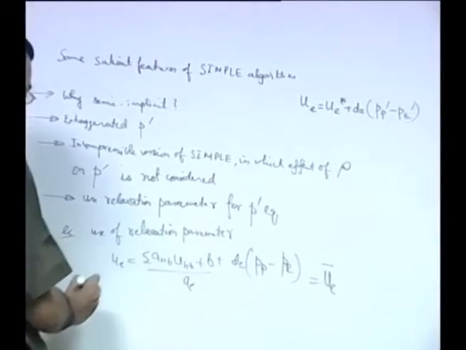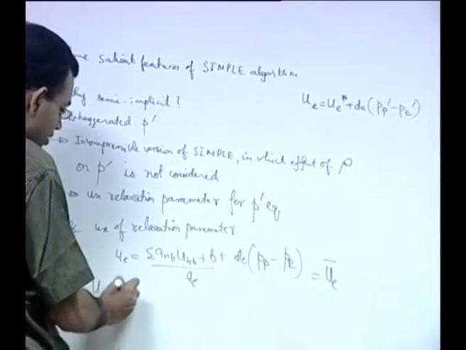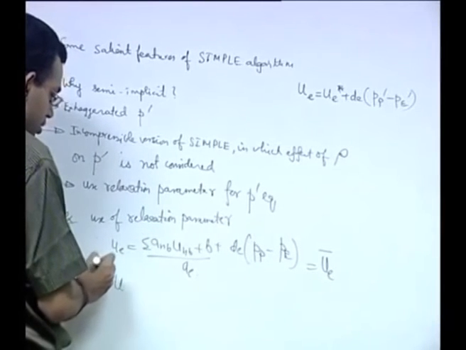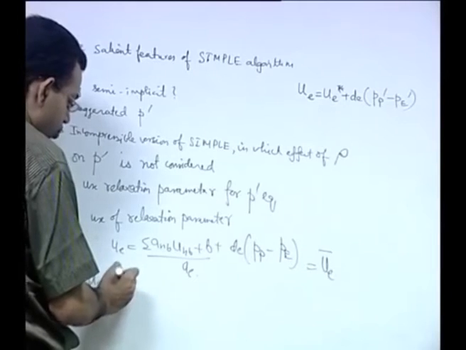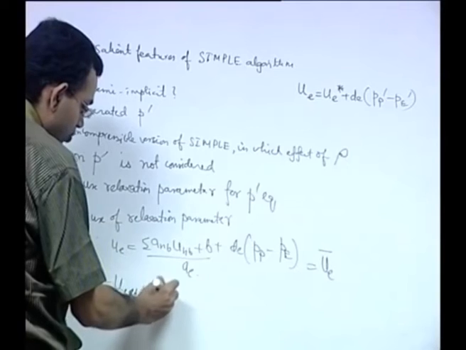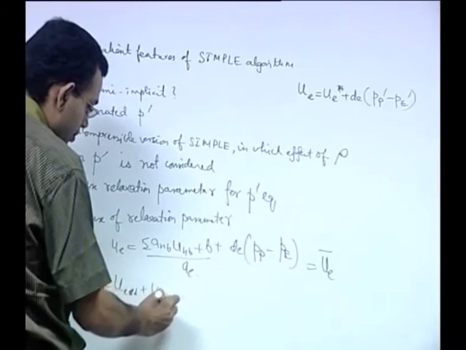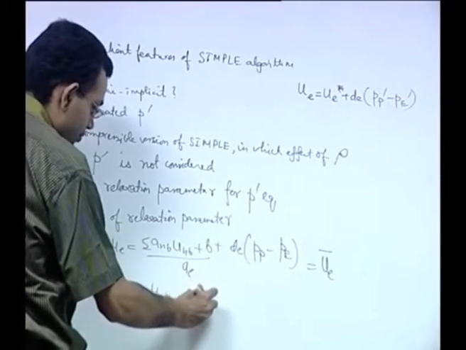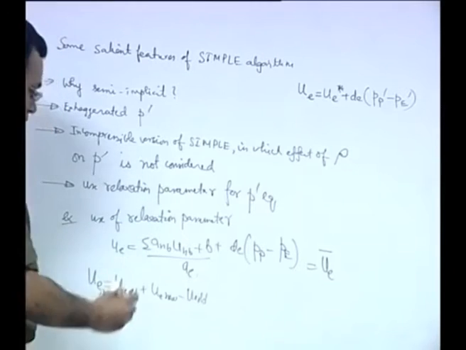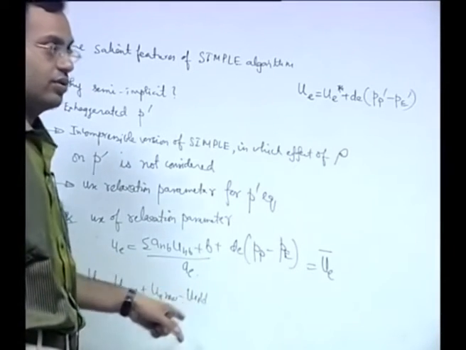So, we could write u_e is equal to u_e old plus u_e new minus u_e old. This is something that we can write irrespective of any constraint, that is, u_e new is equal to u_e old plus new minus old.